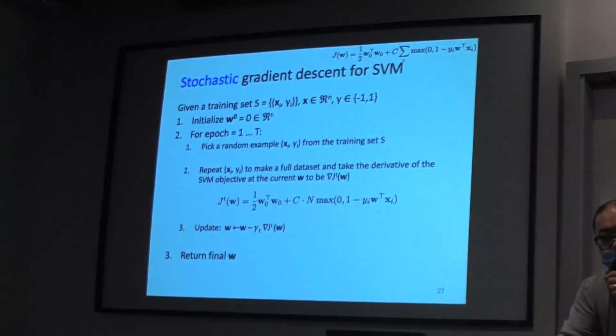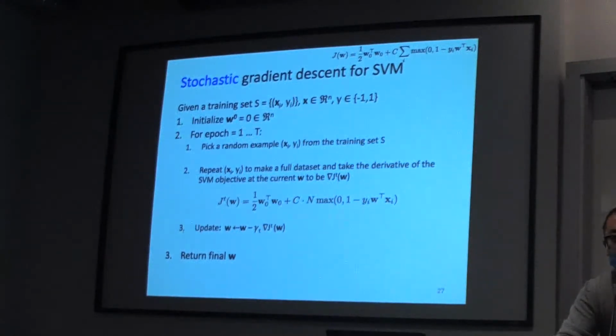That means if you take the expectation of the stochastic gradient with respect to the randomly sampled examples, it equals the exact gradient of the original loss. And this will guarantee that your stochastic gradient descent will converge to the optimum of your original objective function. More rigorously speaking, with probability 1.